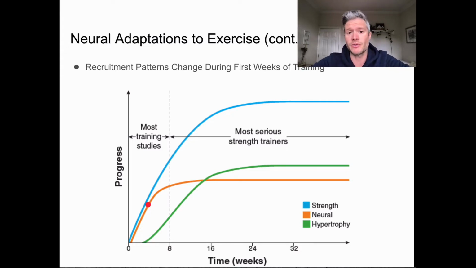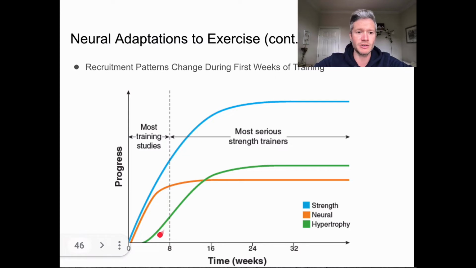That is primarily from your neural drive, your neural capacity to increase connections of motor units, which increases the amount of muscle fibers that are fired. Through that neural recruitment of motor units is where that strength comes.